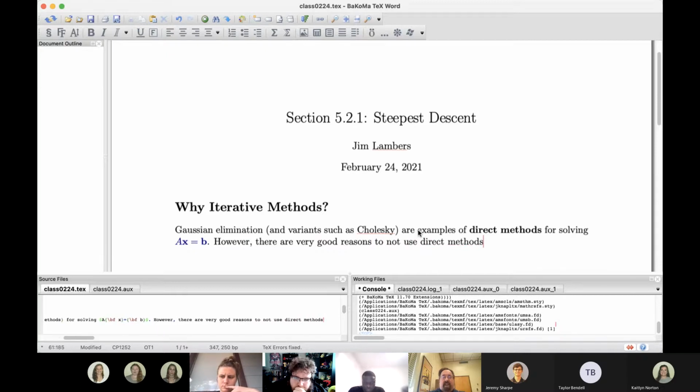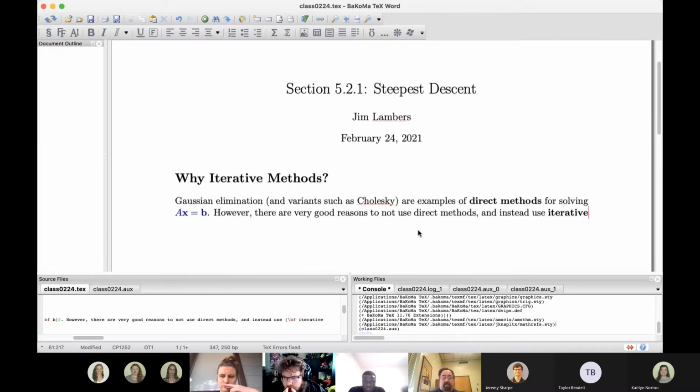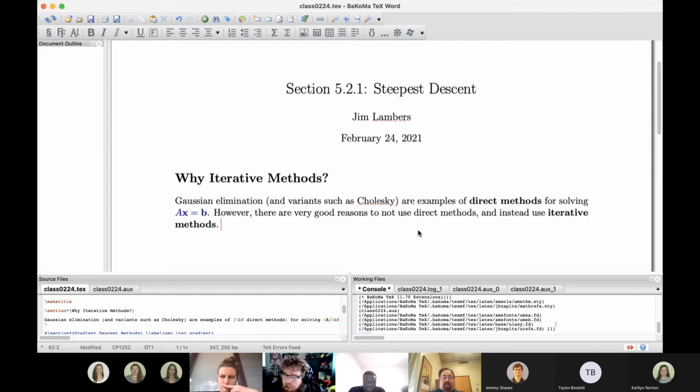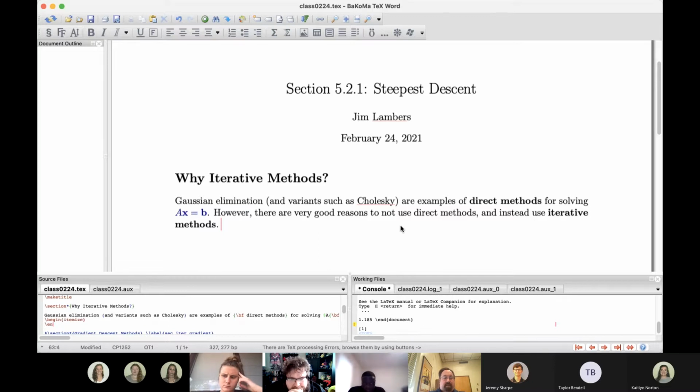So in other words, after teaching you all about direct methods, I'm now going to explain what's awful about them, and instead use what are called iterative methods. Now, I'm not saying we shouldn't use direct methods. There are cases where they are the best option, but there are certain important situations where we ought to do something different if we can, and that's what iterative methods are for.